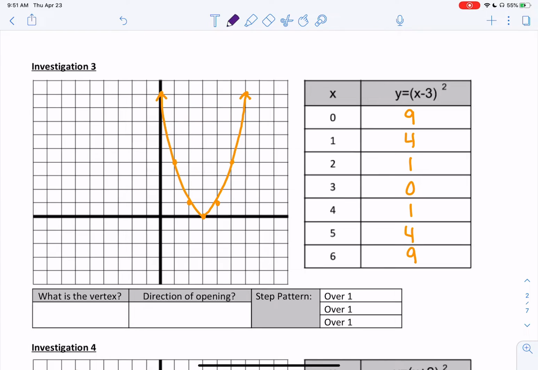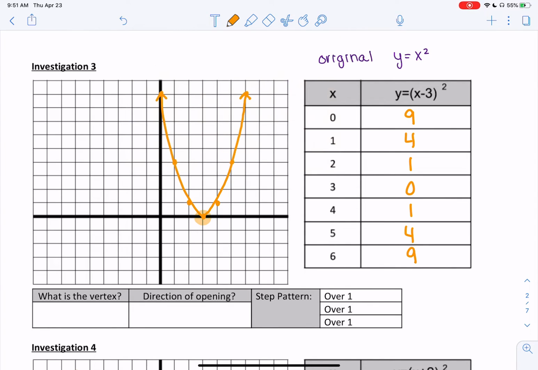So again, remember that our original parabola was y equals x squared. So what's changed here is I've subtracted something beside the x. So it's also squared. So that's the change I've made. And now I'm going to think about how that impacts my parabola. So again, we're going to look for the same things. We're going to start by looking at our vertex here.